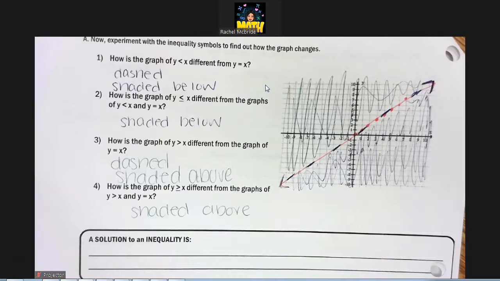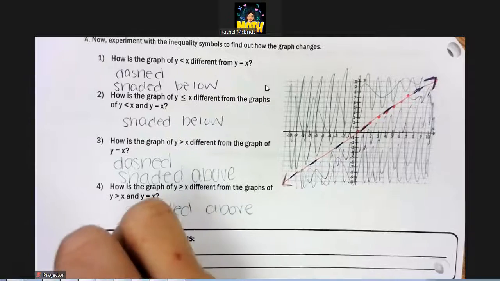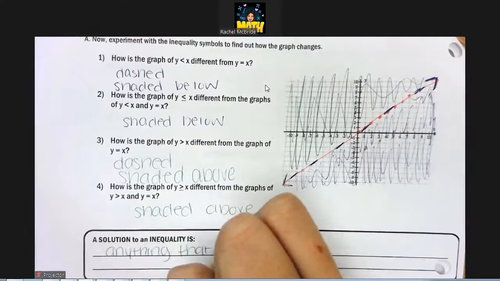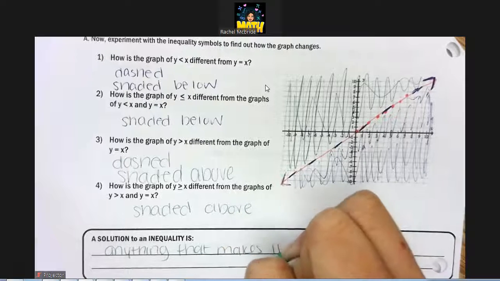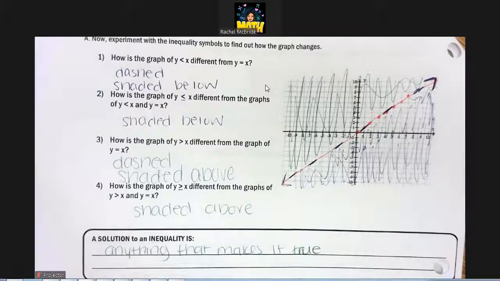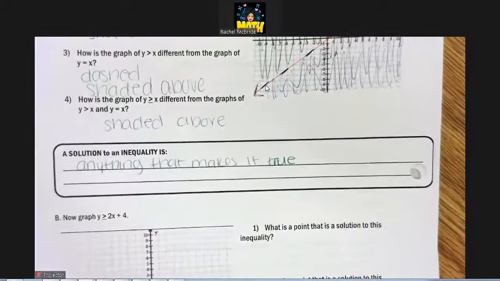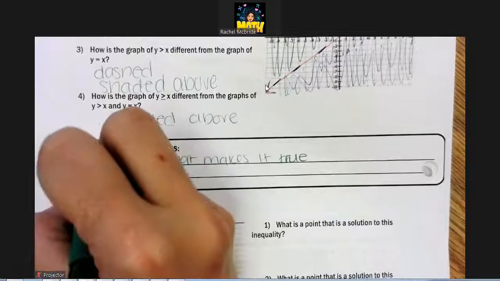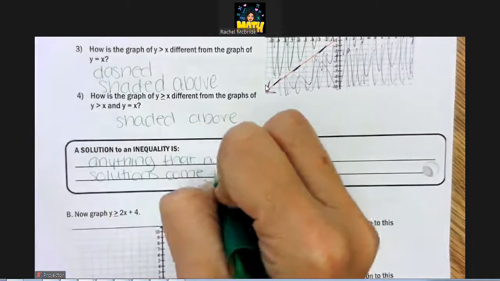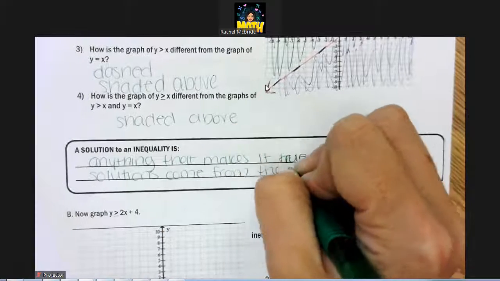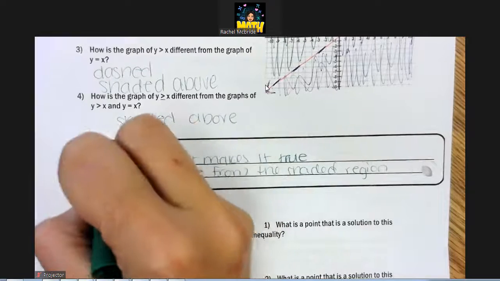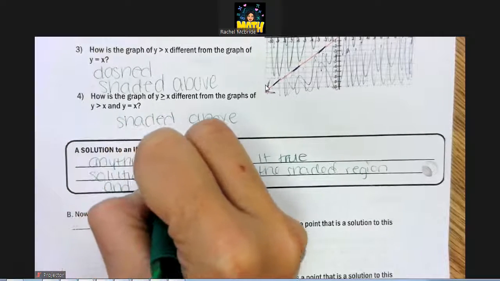A solution to an inequality is anything that makes the inequality true. Solutions come from the shaded region. And sometimes the line.